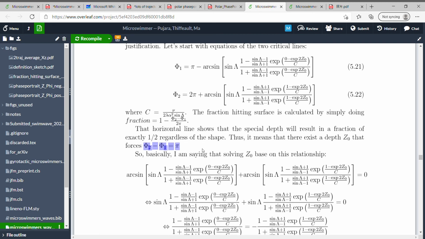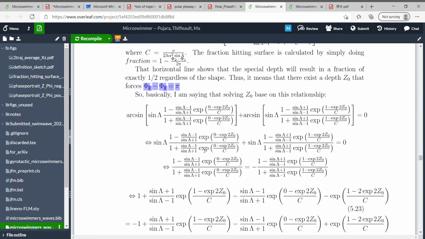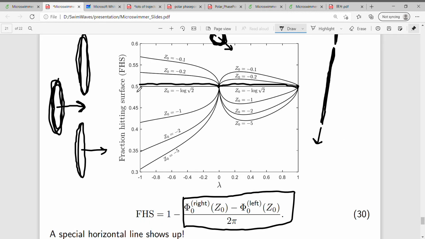Surprisingly, there actually is a solution that allows us to find this special depth, which means that if the swimmer starts at this depth, then no matter what the shape is, 50% of the swimmers will go back to the surface, and 50% will go down to the bottom of the water tank.